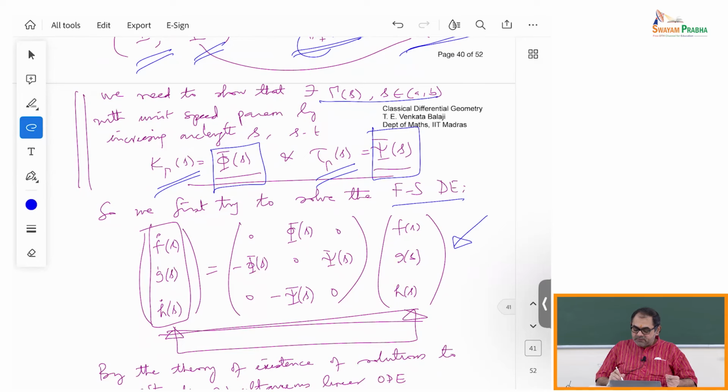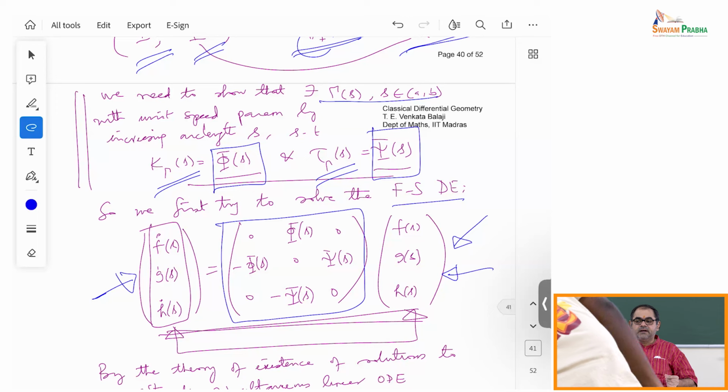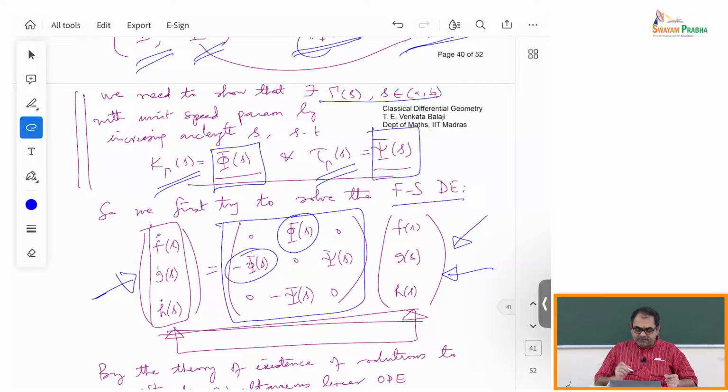In it, the derivative of the frame, on the left side, will be this Frenet-Serret matrix acting on the frame itself, which is on the right side. The Frenet-Serret matrix is a skew symmetric matrix. So you will get the curvature term here and the negative of the curvature term here, and the torsion term here and the negative of the torsion term here.